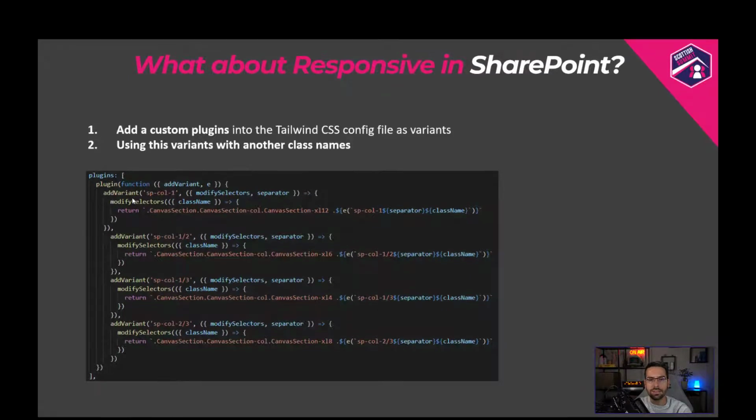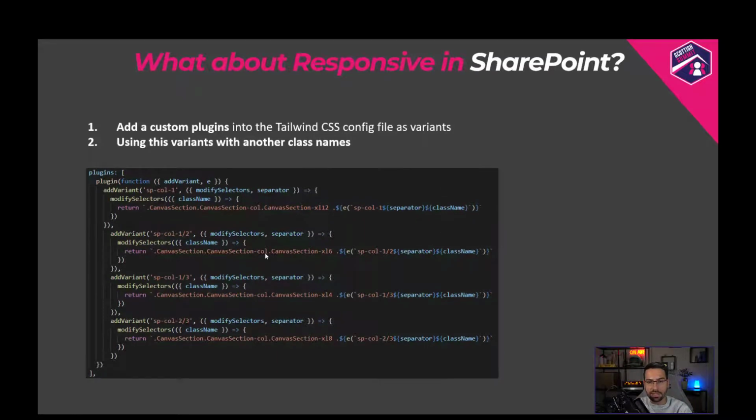And then inside this addVariant plugin, I use modifySelector to update the class name that will be used with this sp-col-1, for example, to return a new selector that contains a specific prefix by using an already present CSS class name that is defined for each section that we have inside a SharePoint page.